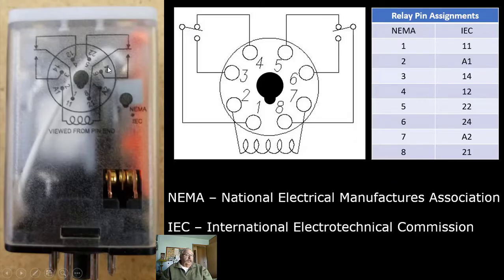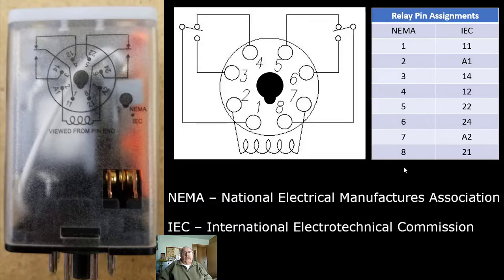When you look at this, here's the relays I've used, and on the side of the relay it shows you a diagram with the coil and the contacts, and here's a sketch of that. And also you see the double numbers. The one set of numbers 1 through 8 are NEMA, and NEMA is the National Electrical Manufacturers Association.